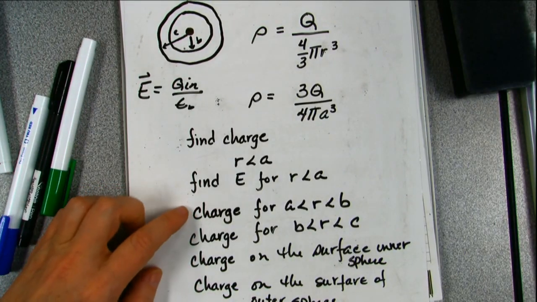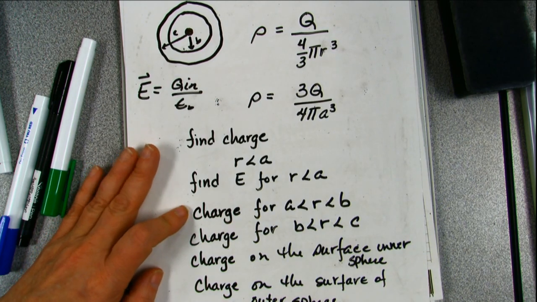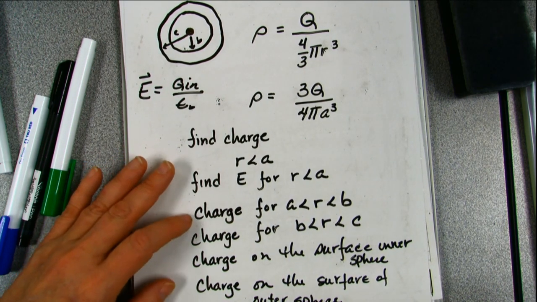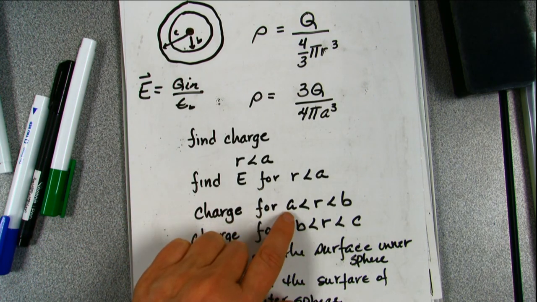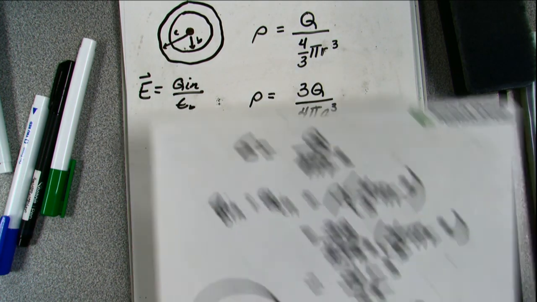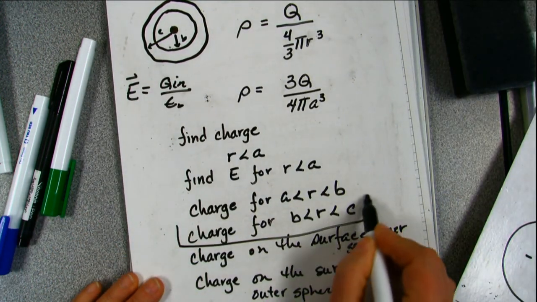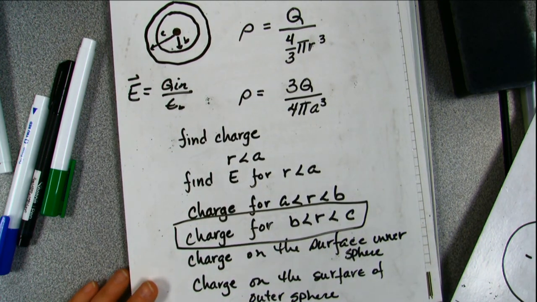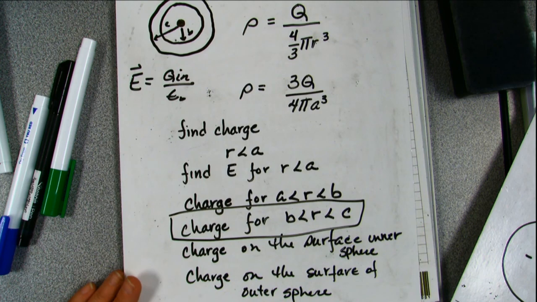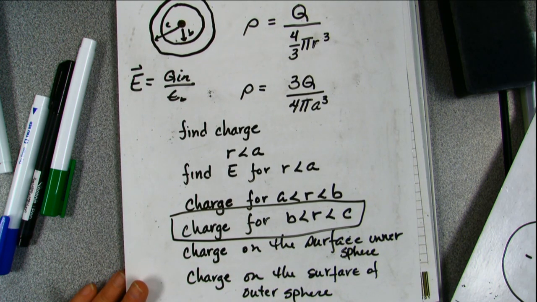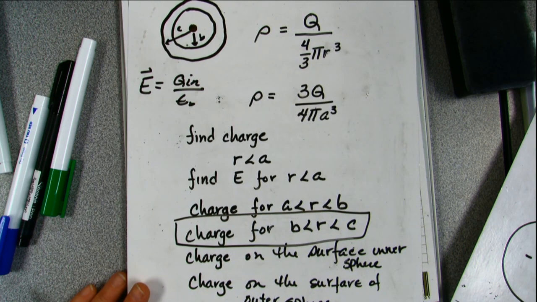Now we want to find the charge. If I do the charge between A and there, we have to know something: the charge inside a conductor. What's the charge inside a conductor? Is it negative or positive? Well, by definition, where does the charge reside on a conductor?